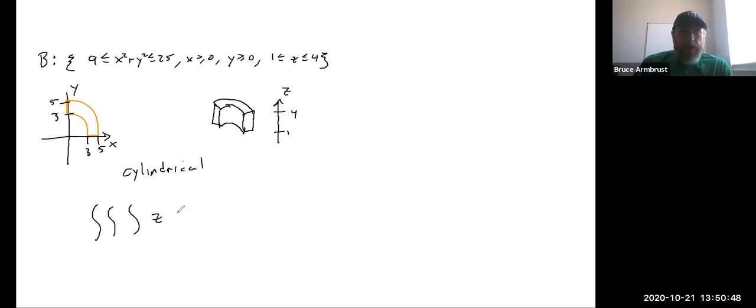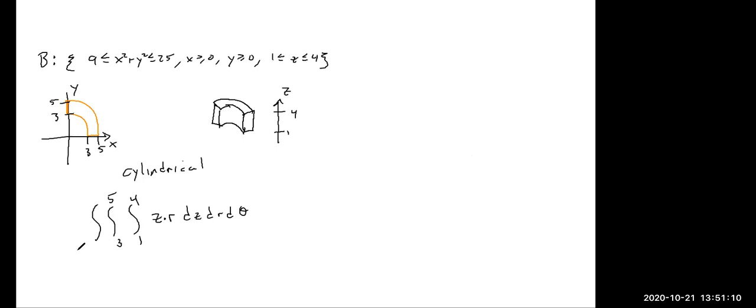All right, so for cylindrical, we need to put in r dz dr d theta. The z's go from 1 to 4. The r's are going to go from 3 to 5. And then what about the thetas? 0 to pi over 2. Beauty.